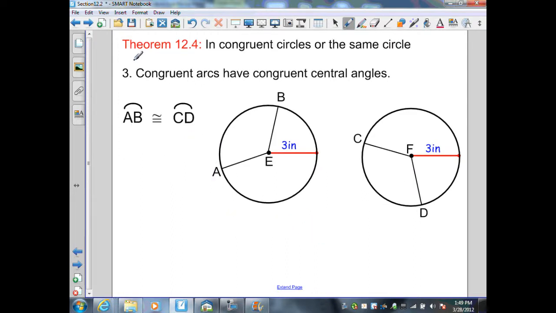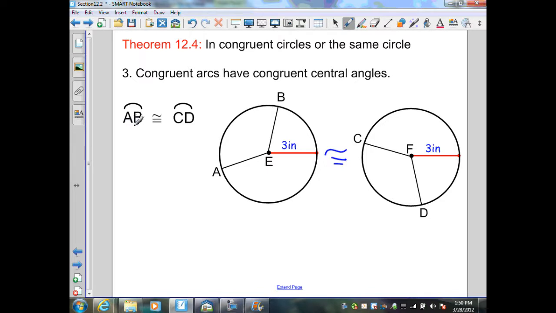Part 3 of 12.4. Again, if I'm given congruent circles or the same circle, if I am given congruent arcs, then I know that the central angles related to those arcs are congruent. Here, I have again two congruent circles. I know that circle E and circle F are congruent because the radii are both equal. Therefore, I know the circles are congruent. Here, I am given information.